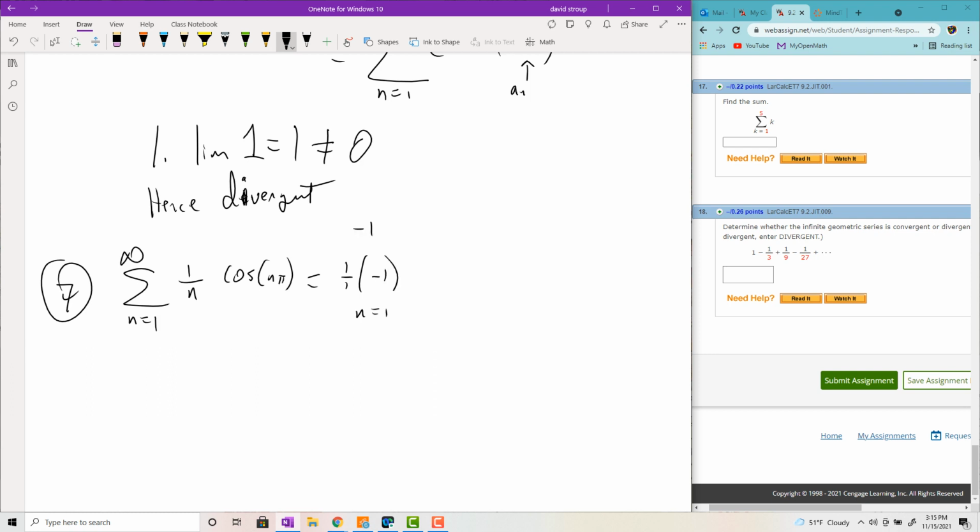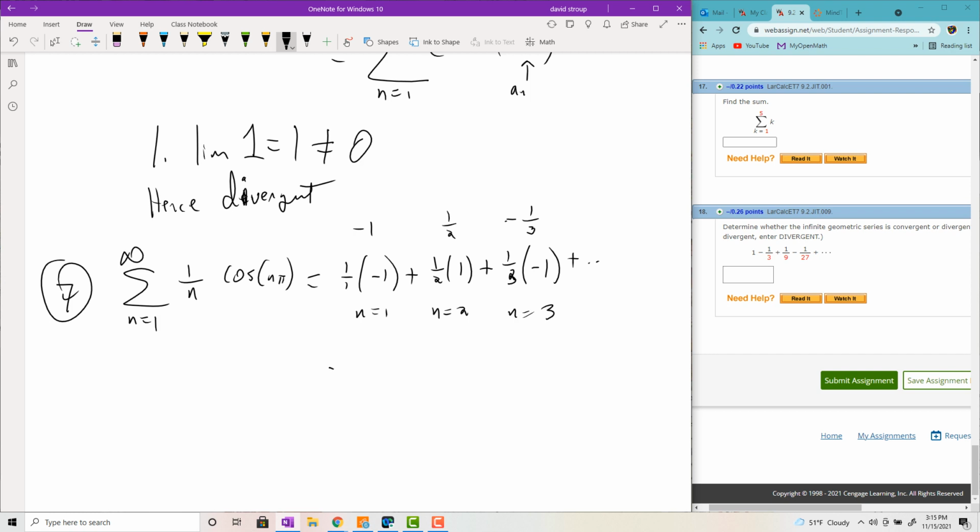So I get negative 1 plus, let's look at n is 2: 1/2 times cosine of 2 pi, which is positive 1, so I get 1/2. And then when n is 3, I'll have plus 1/3 times cosine of 3 pi, which is back to negative 1. And then so on.